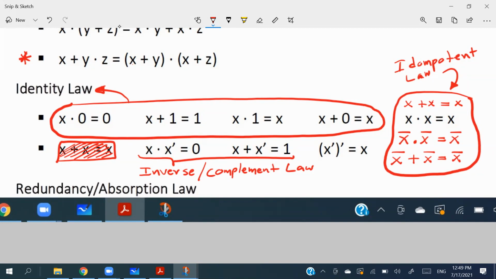So x is doing the AND operation with its complement, x bar, and it's going to give you a 0. So if you see x dot x bar in any expression, you can apply 0 for that position. And oppositely, if a particular variable does an OR operation with its complement, it's going to produce a 1.